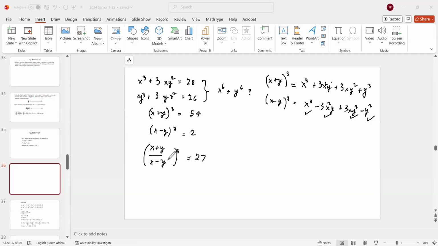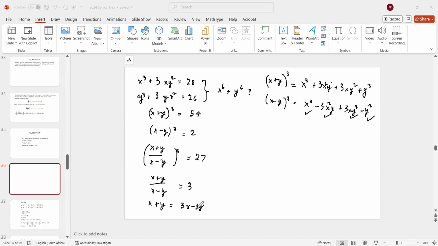So the cube of this expression is 27, so this must be 3. Now that simplifies considerably, because now you have x plus y equals 3x minus 3y, to cross multiply.